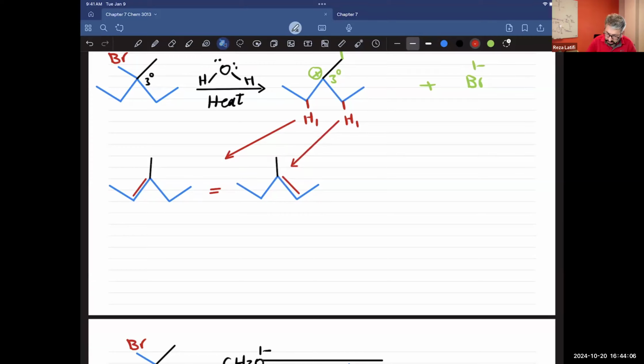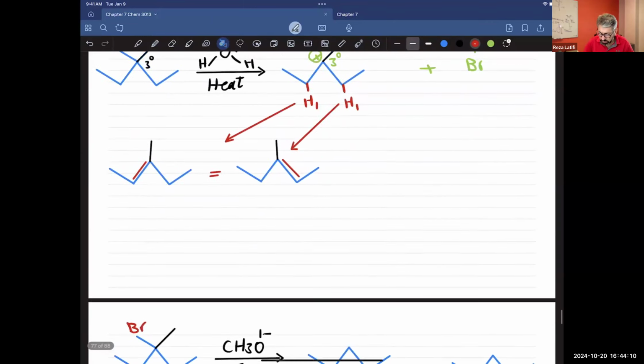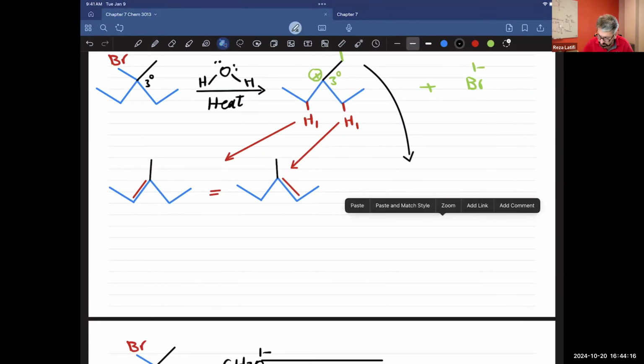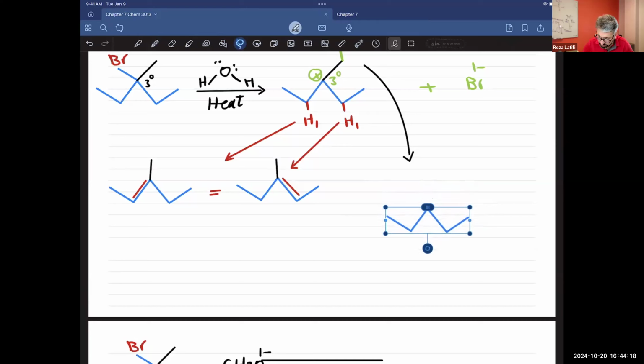If I take number 2, this is going to be the product. And so we will get a carbon attached to this, and a double bond will be here. So now let's highlight the double bonds.